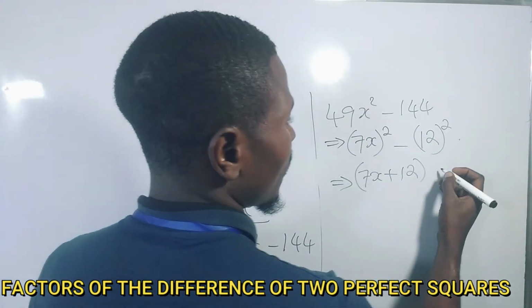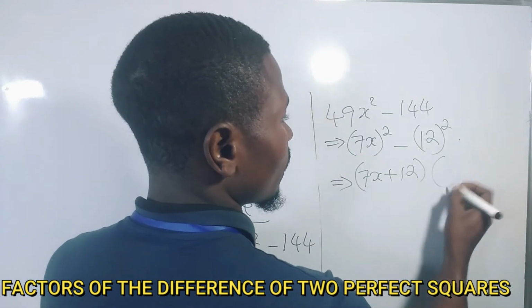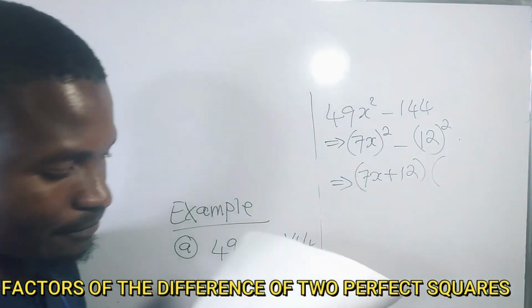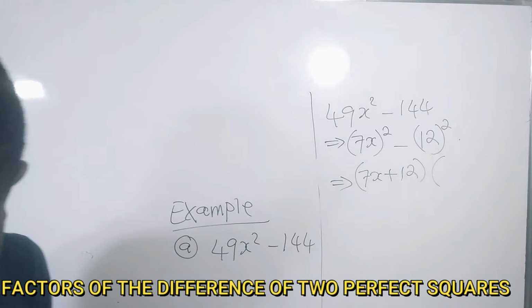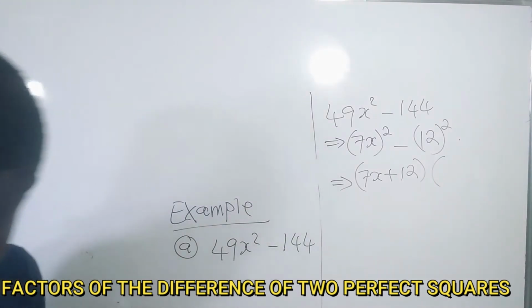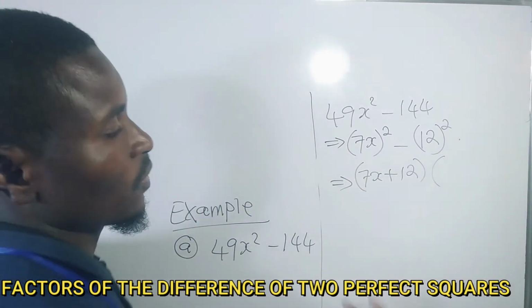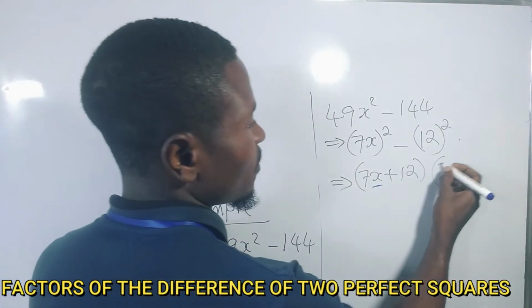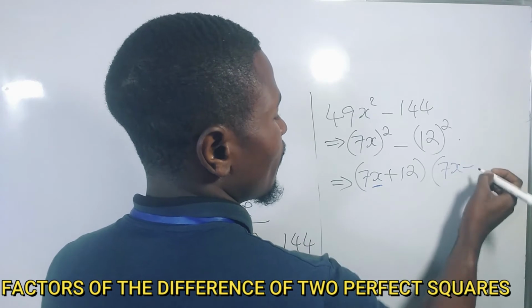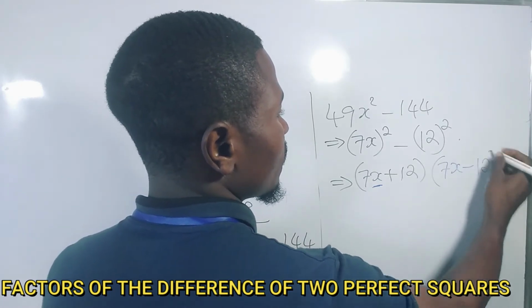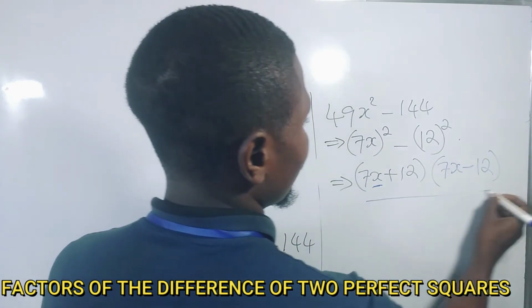And then from there, so there is 7x, so 7x minus 12.